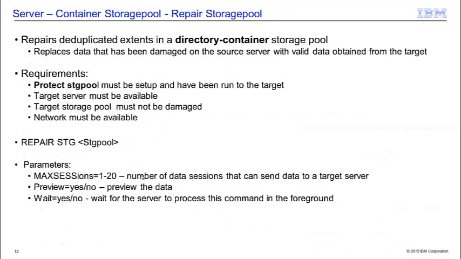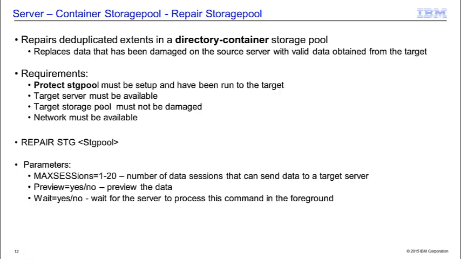Okay, moving on, let's look at the Repair Storage Pool command. The Repair Storage Pool command repairs deduplicated extents in a directory container storage pool. It relies on the fact that your Protect Storage Pool command is run, that the target server is up and available, and that the network is obviously up and available as well, and that the target storage pool was not damaged.